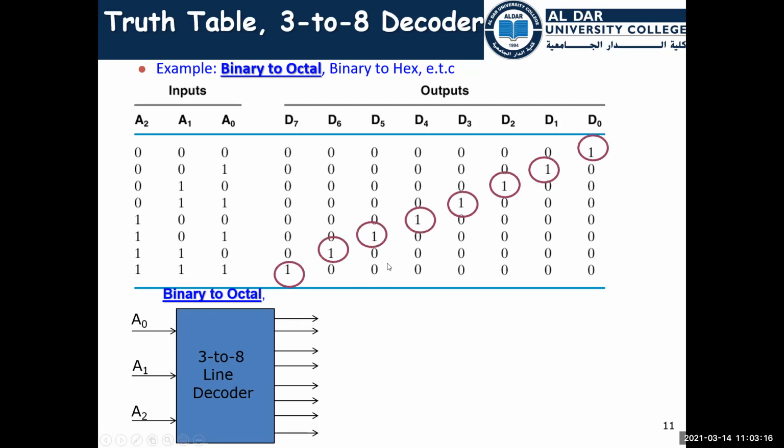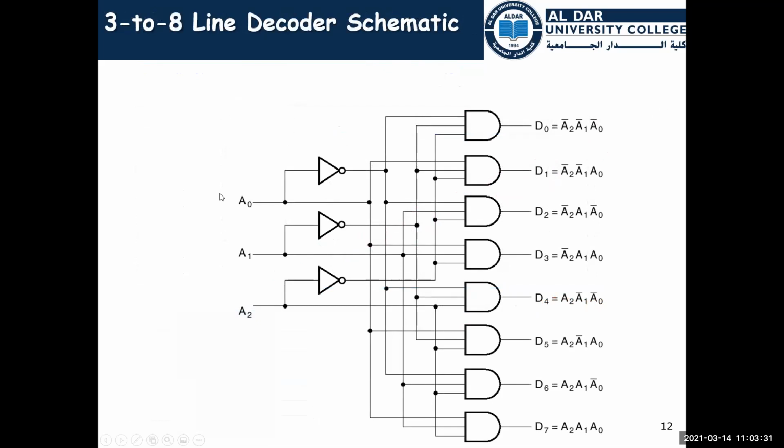It's exactly the same circuit as the 2 by 4 decoder, no difference. Because they are the minterms, and this is the implementation. It contains all the minterms at the output, and accordingly, if you have a value here, the corresponding line will be active, the others will not be active.